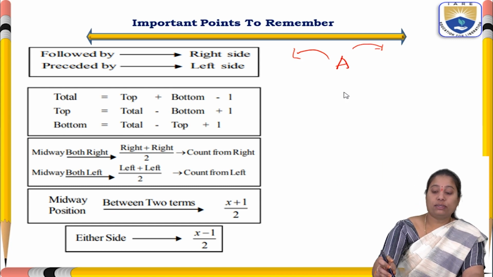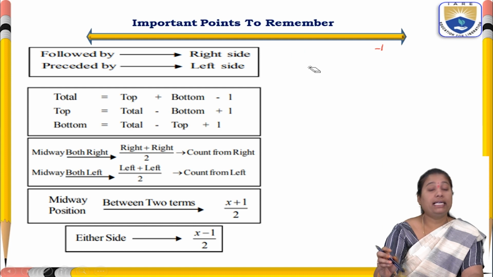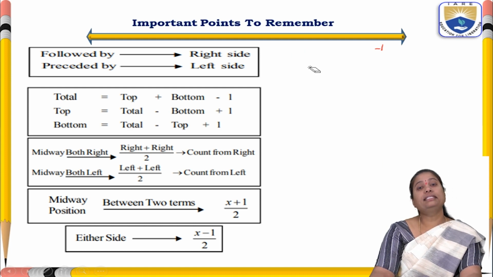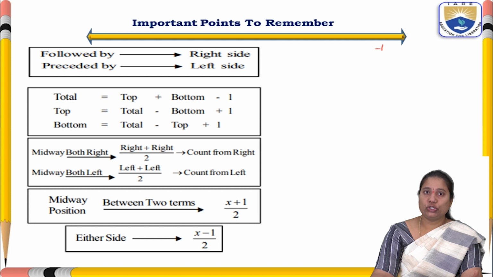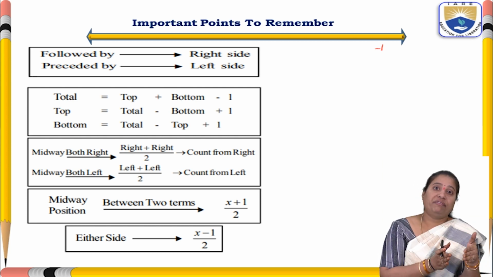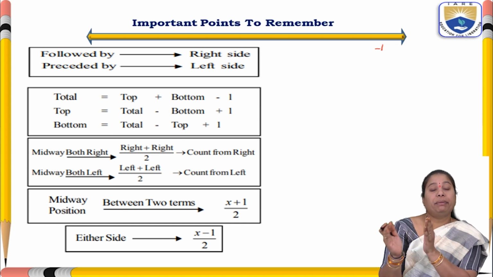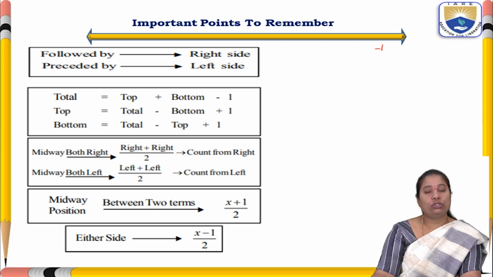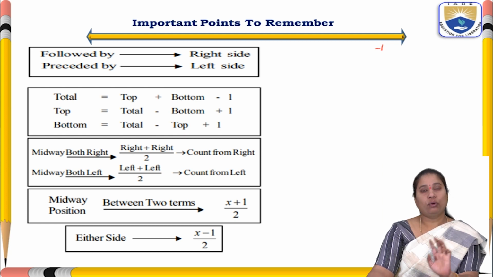And next, a very important formula for calculating positions on a straight line or column, whatever the sequence of the seating arrangement, either in a row or a column. The important formula is: the total strength of the people who sat in a particular row is equal to the top position plus the bottom position minus 1.